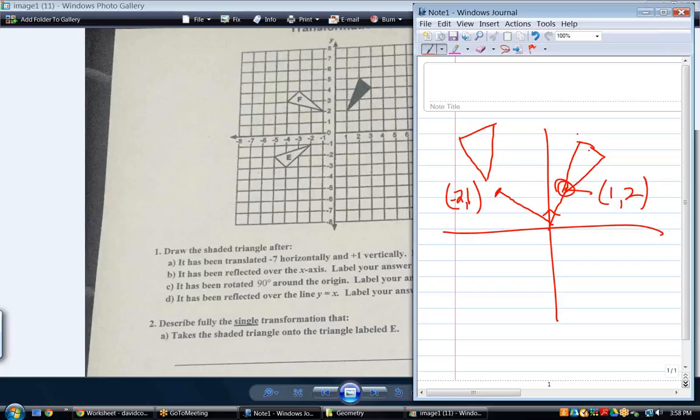It's kind of nice to put A, B, C so that I can write A prime, B prime, C prime. What are the coordinates on B? Not B prime, but B. 2, 5. On B prime? -5, 2. Okay, so it's clear to me you know how to do C also.